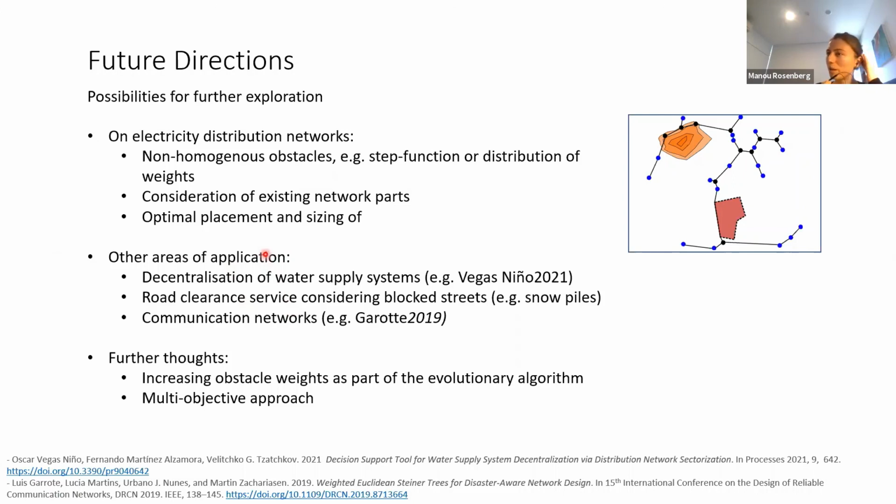And what I thought about maybe doing further is looking at different approaches to implement in the evolutionary algorithm, for example, a multi-objective approach that can consider different objectives. Like one objective could be avoiding the obstacles, and another one finding the best path.